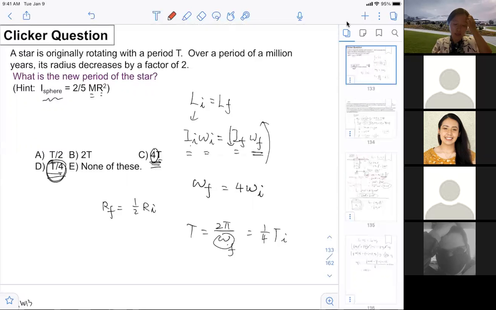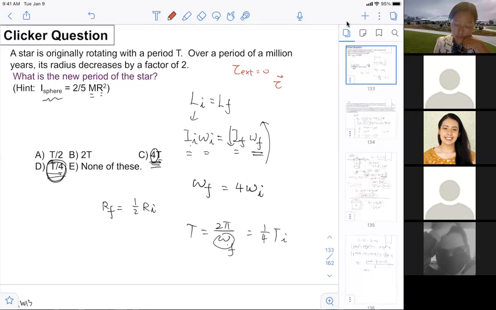So does it say there's any external forces? If it doesn't say there's any external forces, there's nothing for you to think there should be, because the star, especially, is just there, and around its surroundings, there's nothing. So if it's just there by itself, then the external torque is 0.